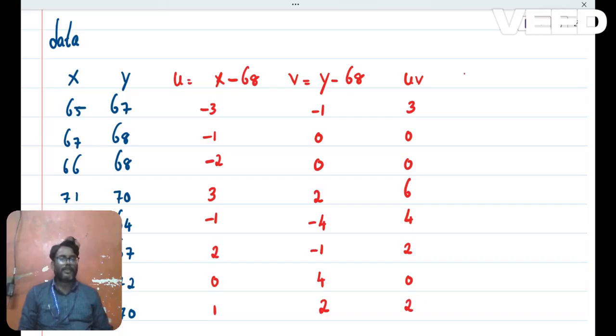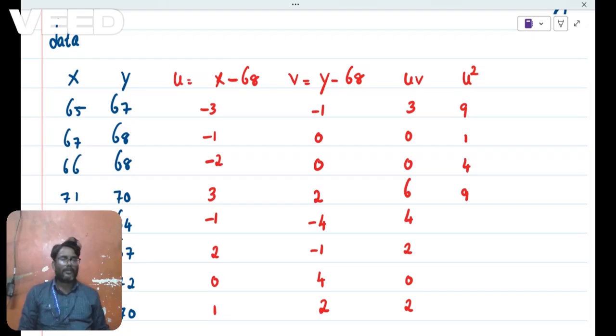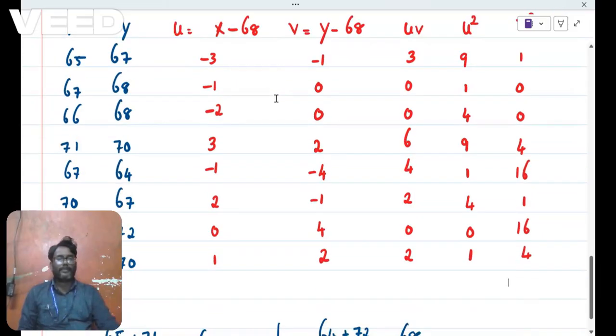Next, u square will be 9, 1, 4, 9, 1, 4, 0, 1 and then v square will be 1, 0, 0, 4, 16, 1, 16 and 4.